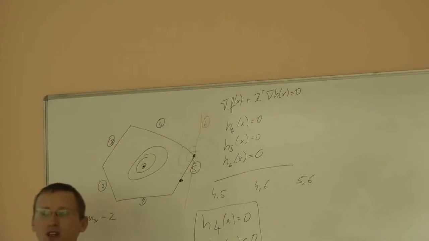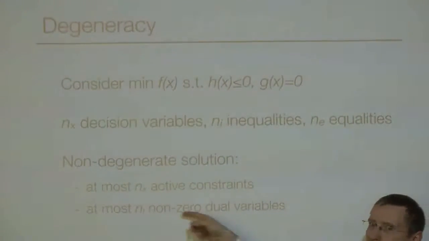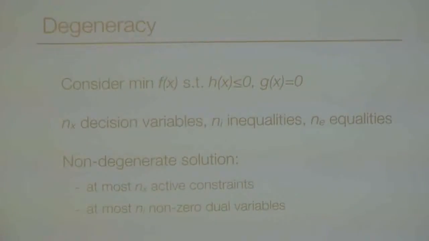So we have an overdetermined system. The same situation can also happen in the dual space with the lambdas. Again, we could have more lambdas which are active than the dimension of the dual space. So that's a non-degenerate solution. Non-degenerate means nice, easy to solve.